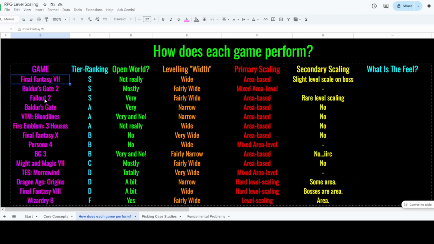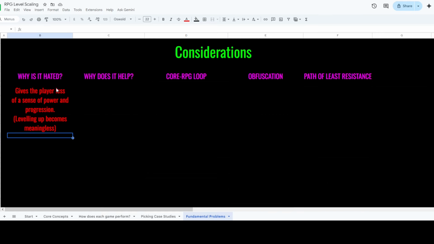But these are slower burn rewards, and you keep the treadmill running with lots of little rewards, keeping those dopamine hits going. And a ding should be a dopamine hit. And when you level in Dragon Age Origins, ding, you've leveled up, it's like, well, it didn't really mean anything, does it? And then you've shot yourself in the foot with that. So I can really see why people don't like it.